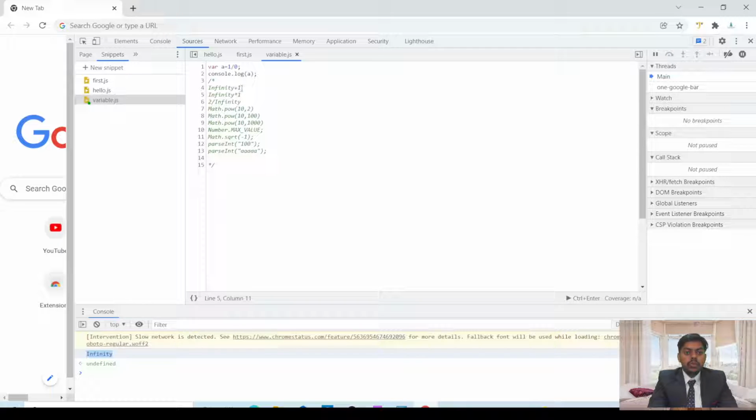Now the value of Infinity plus 1 is also Infinity. The value of Infinity into 1 is also Infinity. The value of 2 by Infinity is what? It is 0, right? So the two above lines I'm commenting out. We have already seen that the value of 1 by 0 is Infinity.